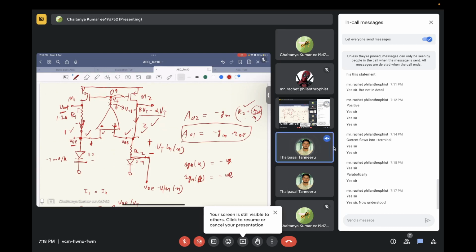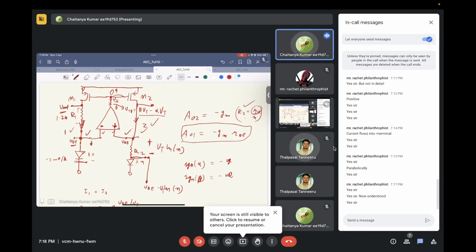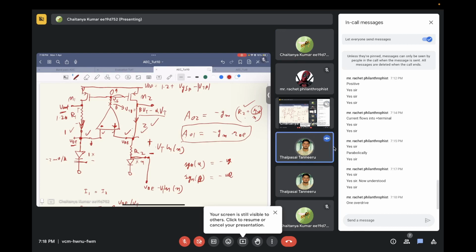If this is 1.2 volts, what should your power supply be? VOUT minus VGS equals 1.2, so basically 1.2 plus VGSP minus VTP, correct?